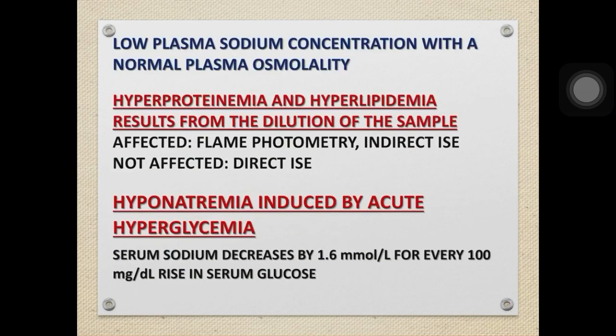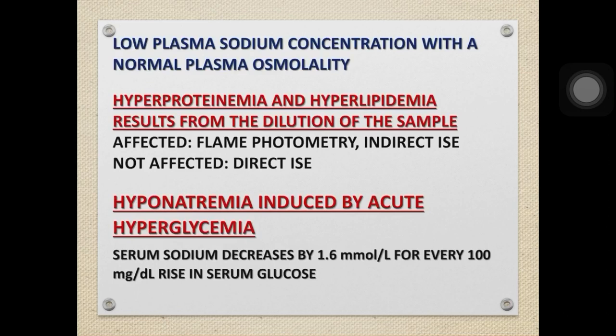Low plasma sodium, normal plasma osmolality, dalawa po yung pwedeng explanation dito. Number 1, pseudohyponatremia due to increased protein, increased lipid. Ano pong apektado dito? Yung mga method na dinadilute ang serum: flame photometry, indirect ISE. So ano pong pinaka-remedy dito? Direct ISE.